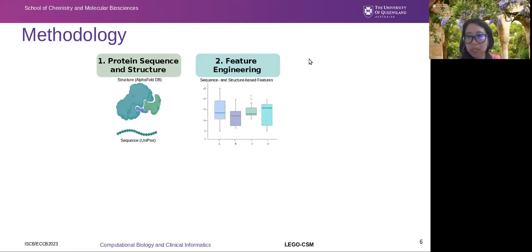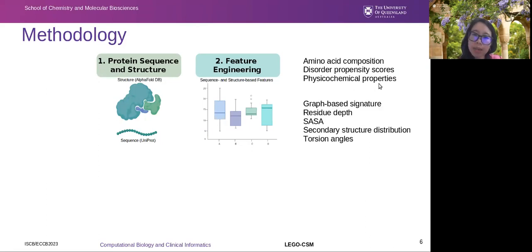If it is the sequence, we consider the amino acid composition, the disorder propensity score, as well as the physicochemical properties. If it is the structure, we look at the graph-based signature, which considers the distance pattern of atoms in a protein structure, the residue depth, solvent accessible surface area, the secondary structure distribution, and torsion angles.